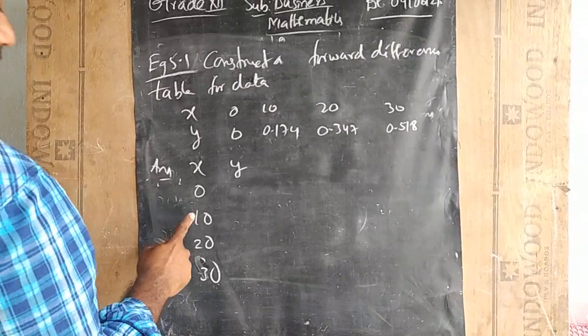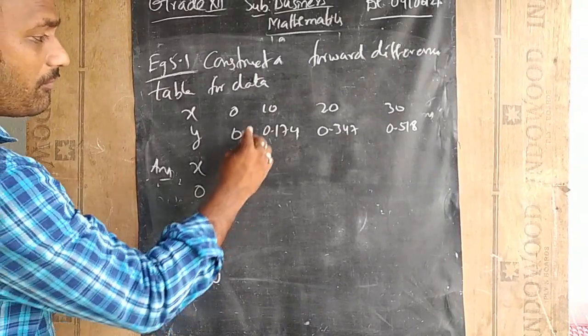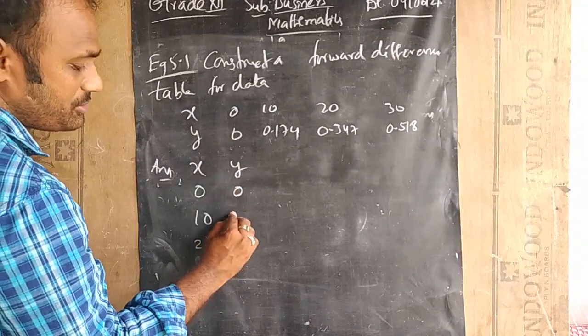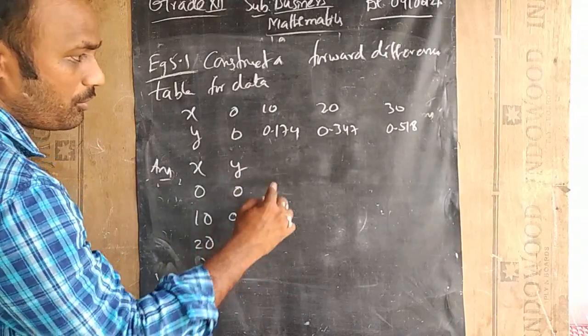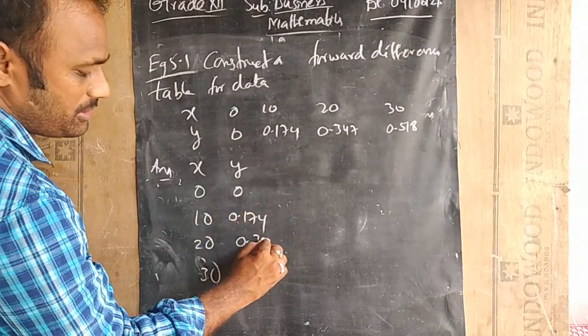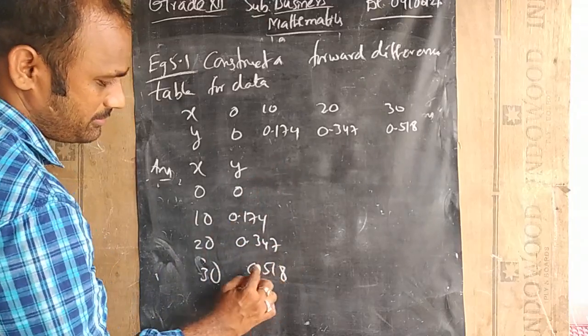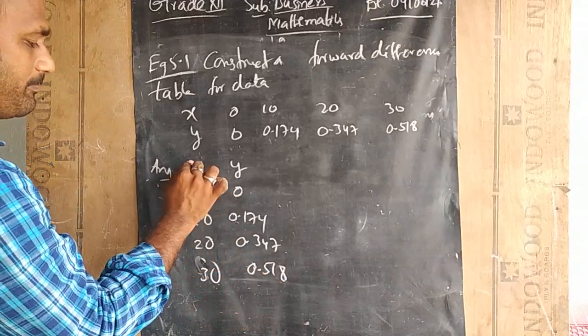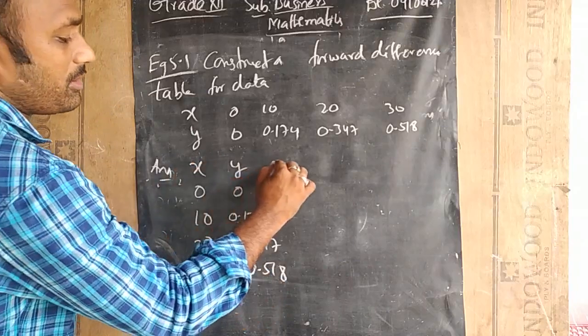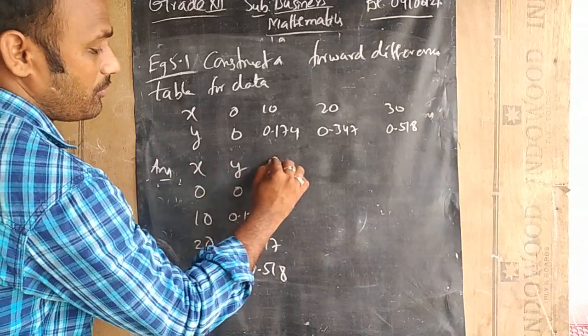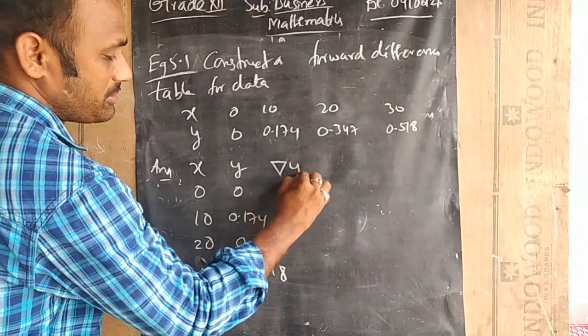Okay. So x values are 0, 10, 20, 30, and y values are 0, 0.174, 0.347, 0.518. Next comes delta y for us.